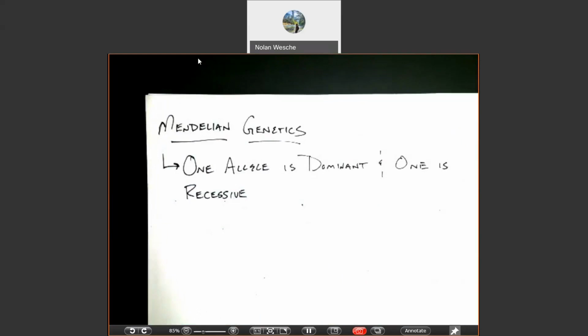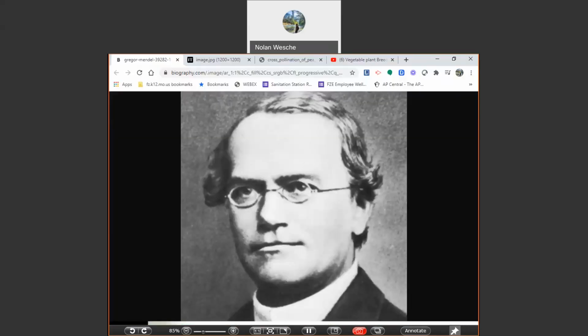So what we'll do is we'll bring in Mendel, Gregor Mendel. He was a monk that lived in the 1800s near Austria, and he started growing pea plants in his garden. He started to observe which traits get passed on at what frequency. So why pea plants?